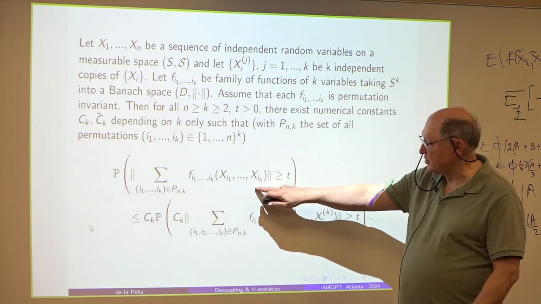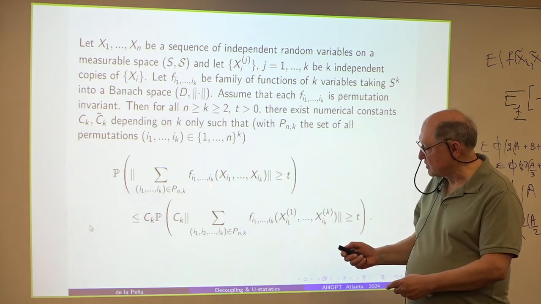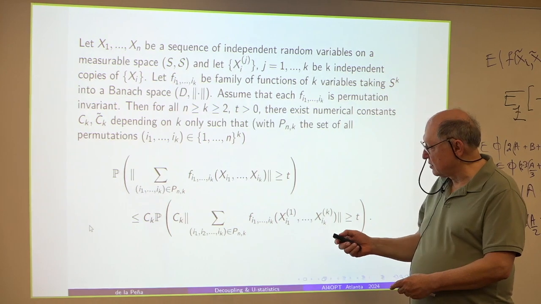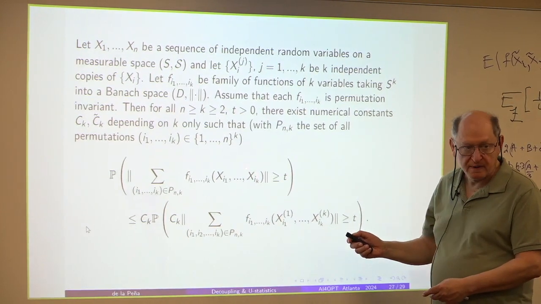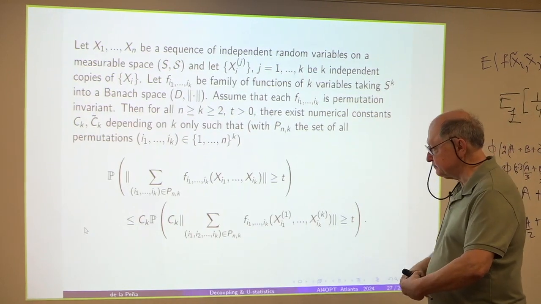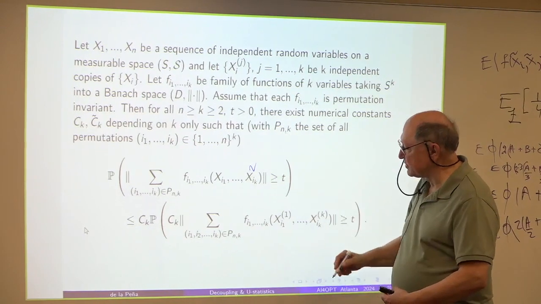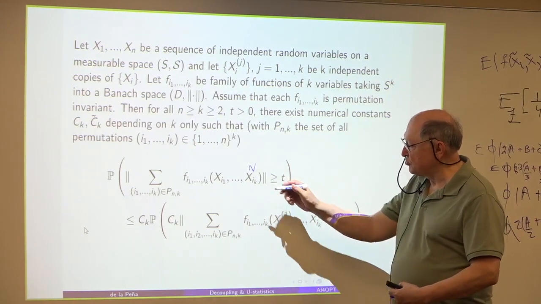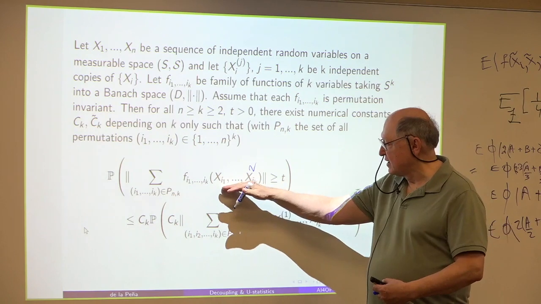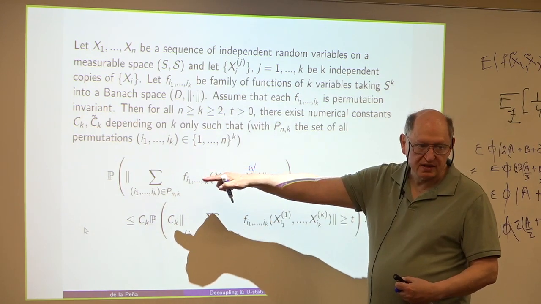So we start here. The way to get the multivariate case is by decoupling this term. So you first decouple this term. Then it becomes a U statistic on the x's and the x tildes. The constant will be 8.